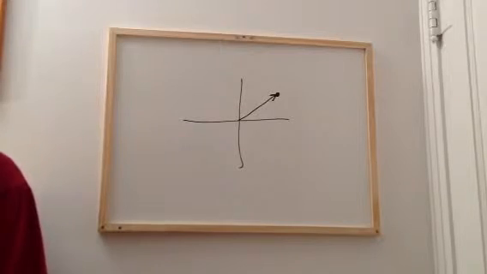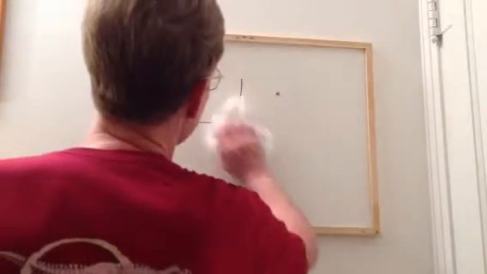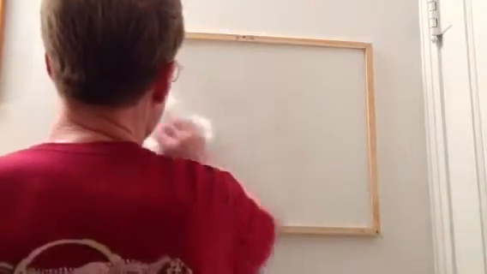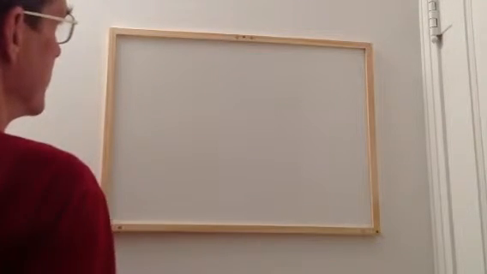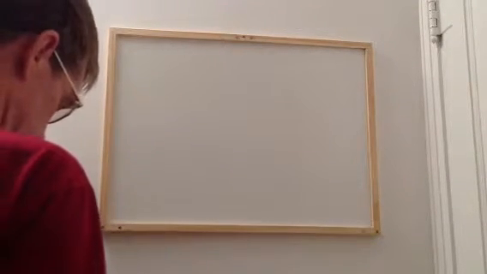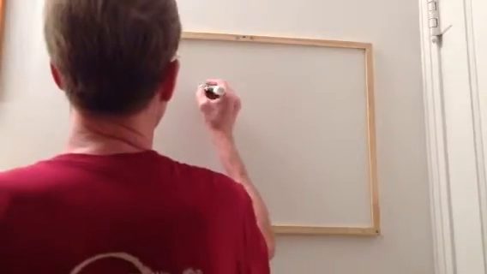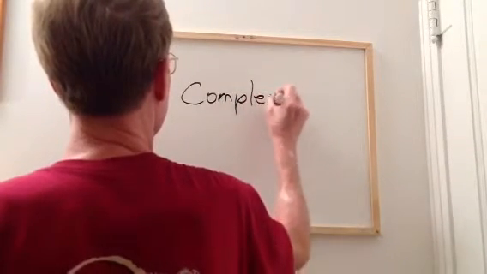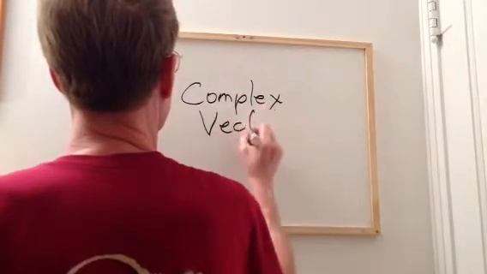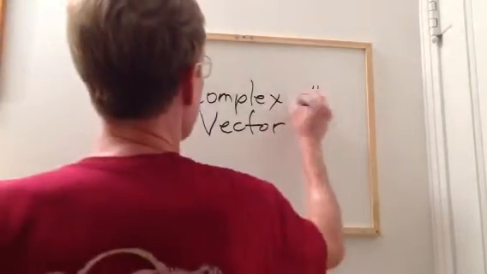Vectors come in very handy in navigational situations where we want to account for the lateral wind, for example, when we're flying an aircraft, or a lateral current if we're sailing a boat. All that said, now we know basically what a complex vector is, or a complex number vector.